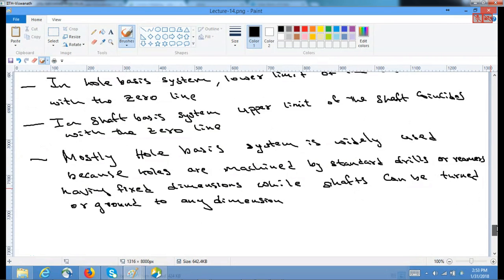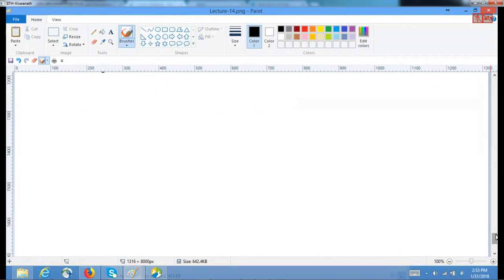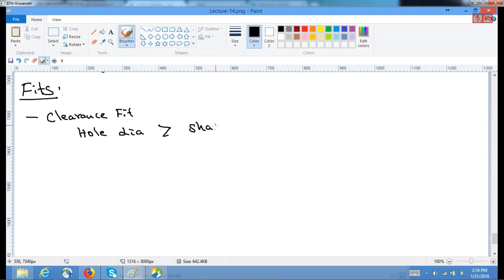Now let us have a quick view of different types of fits before we proceed further. So the first one is a clearance fit. In the clearance fit, we know that hole has to be greater than shaft dia.